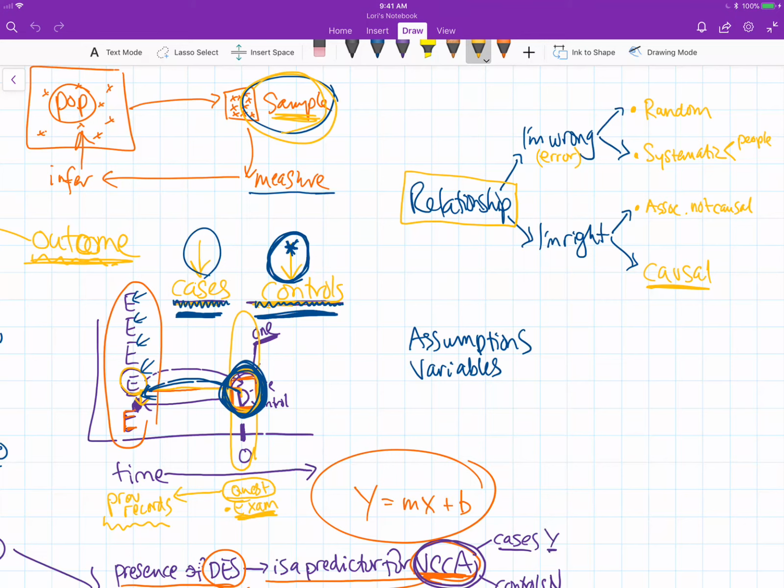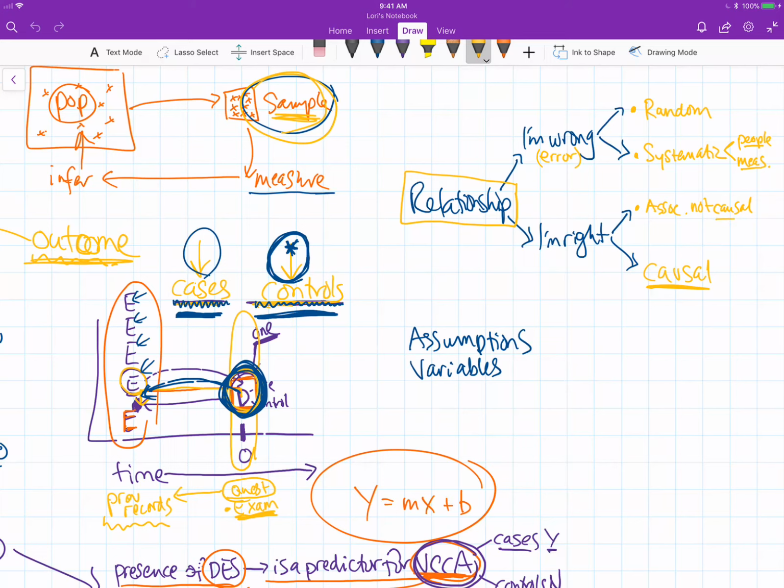And then in terms of other kinds of systematic or directional bias, we can have issues with measurement. People can remember things differently depending on the group they're in. There are other kinds of ways that we can measure things that are systematically different between those two groups, between the cases and the controls.